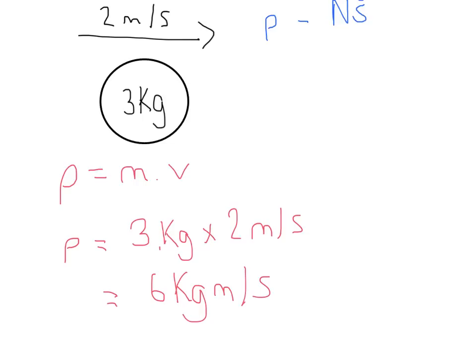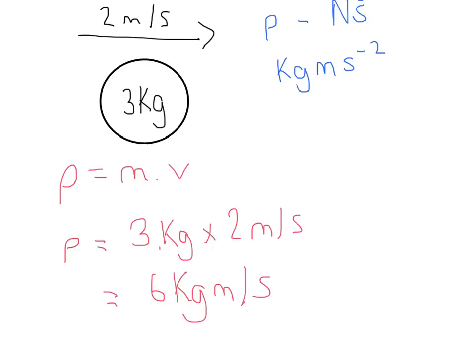So think about a Newton of force. We calculate force using our F equals ma equation. So the units of a Newton would be a kilogram, which is your m, times the units of acceleration, which is meters per second to the minus 2.